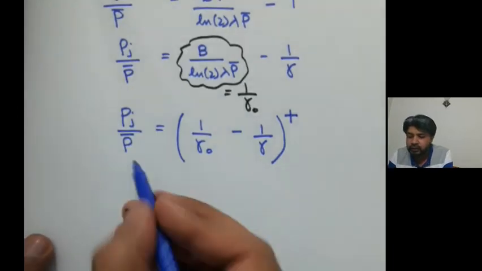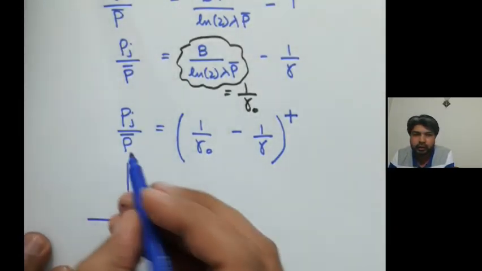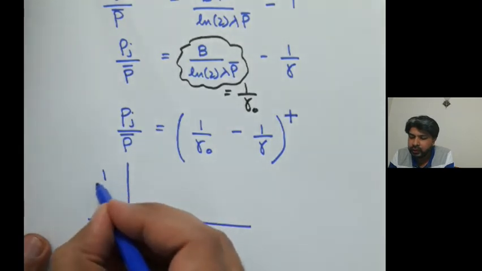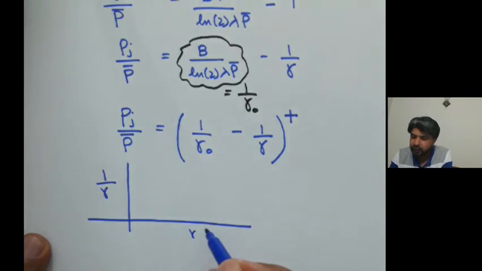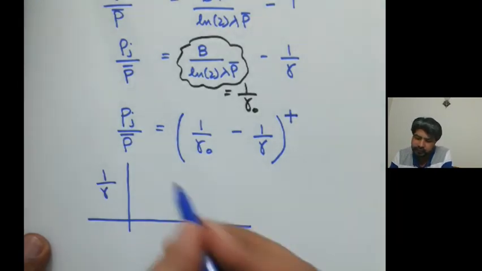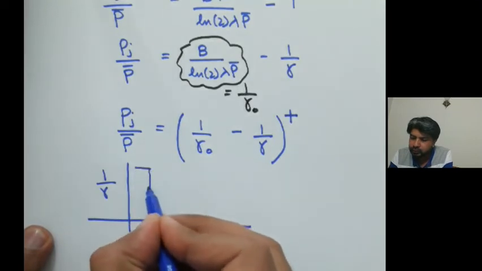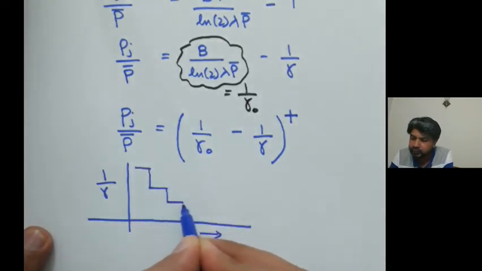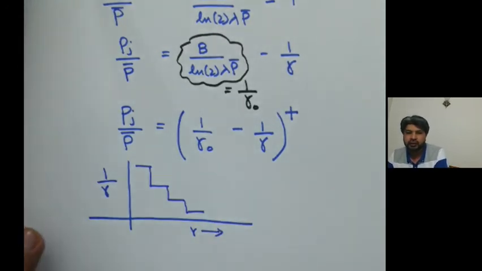Suppose you draw what is 1 over gamma. On this axis you have gamma, for example, increasing gamma. So 1 over gamma would have this kind of decreasing function if you are talking about a discrete time function.